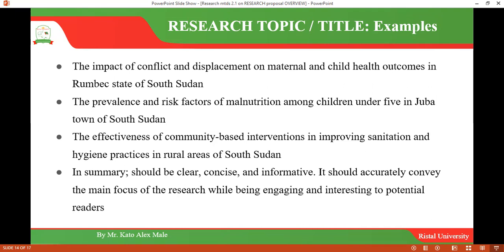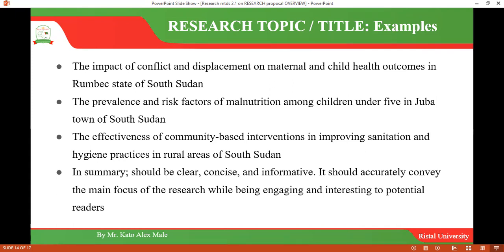In qualitative, you try to come up with the why and how questions, and in quantitative, you're trying to come up with the what question. Here you answer the question by way of figures, by way of values. So those are some of the topics that talk about prevalence.